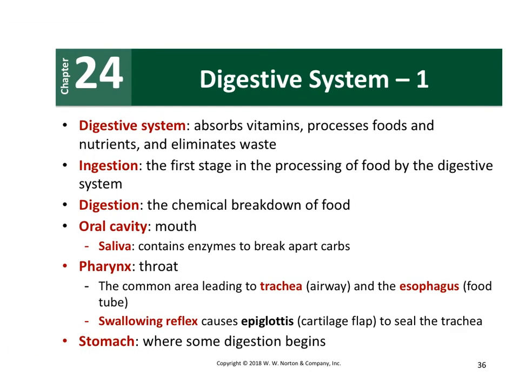So, the digestive system absorbs vitamins, processes foods and nutrients, and eliminates waste. And there are different parts of the digestive system, starting with the mouth and saliva. The first stage in the processing of food is the mouth, the chemical breakdown of food. In the oral cavity, the saliva contains enzymes that break apart carbohydrates and other things.